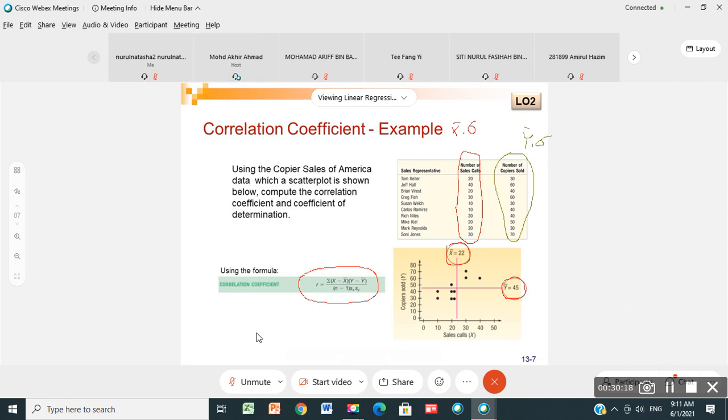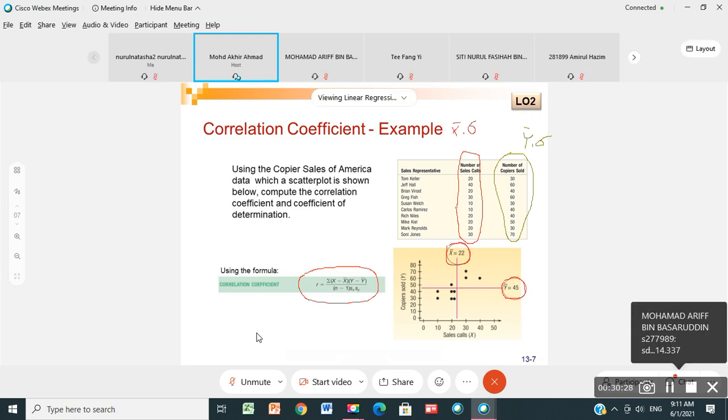Sudah dapat kat situ. Standard deviation 14.27, mean 45. Sudah dapat? Okay.